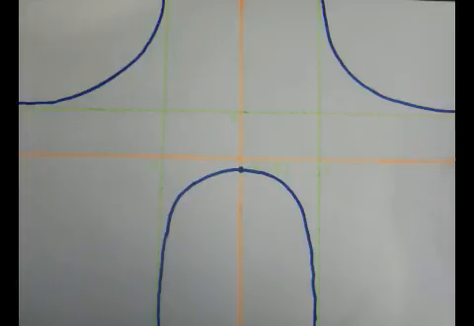Then that also applies for x is equal to 2 and x is equal to 3. Then from x is equal to 3 going onwards, the graph is still decreasing. So from 0 to infinity, the graph is decreasing. Then let's find out for the other side of the graph where x is less than 0.